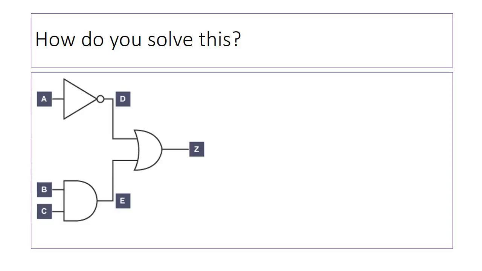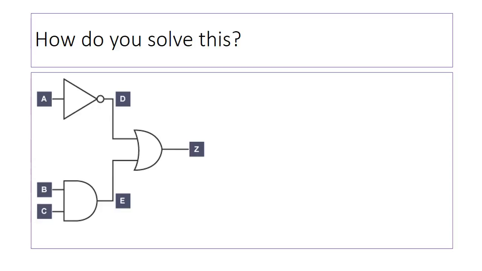If we've got B and C both being equal to 1, that would result in E being 1. At which point, if we've got D being 0 and E being 1, that would give us a result overall of Z being equal to 1, because we've got the 0 and the 1 going in. And if you think back to the previous slides, that then can help you out.